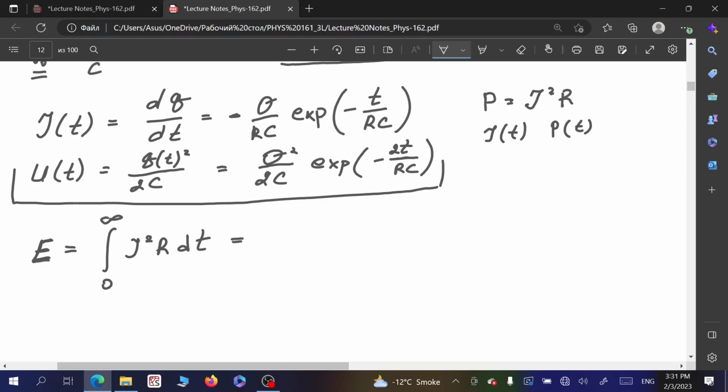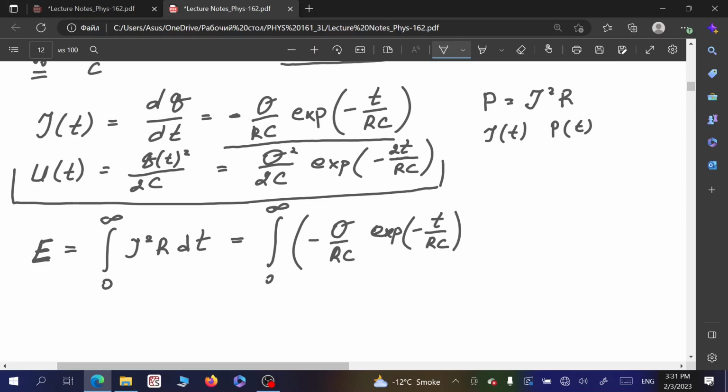So this will be integral from 0 to infinity. Here we substitute expression for our current, so this equation. So it will be minus Q over RC times exponent minus T over RC. This is in second power, and times load resistance R dt.